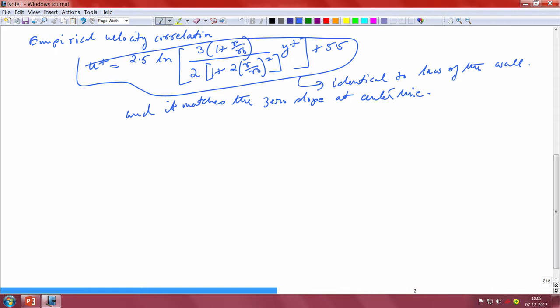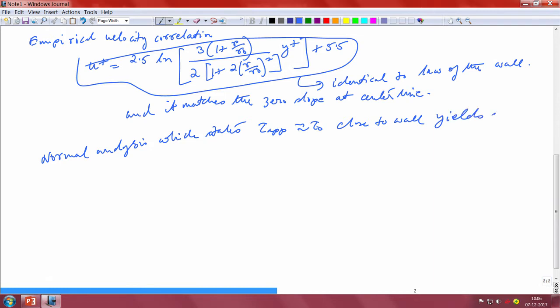So, the normal analysis, which states that tau apparent is equal to tau wall close to the wall, yields a wrong profile.